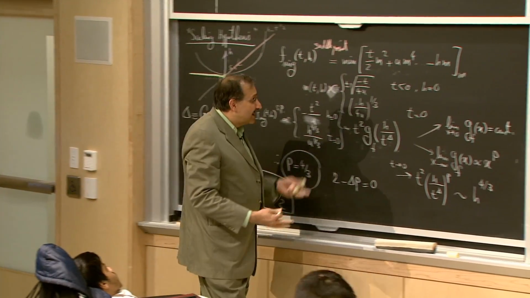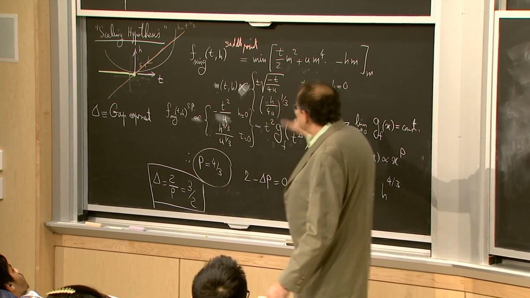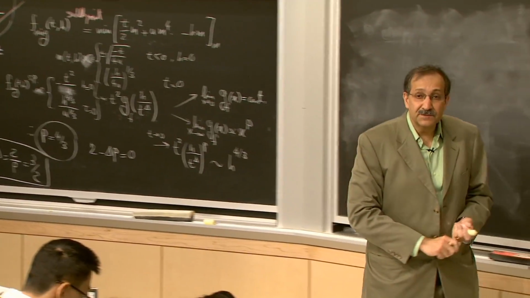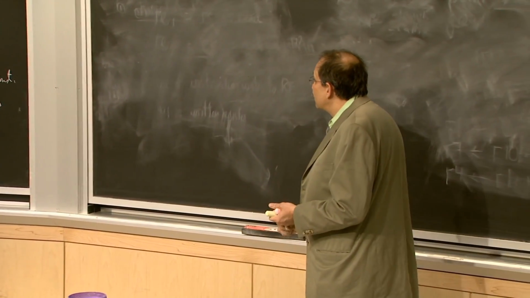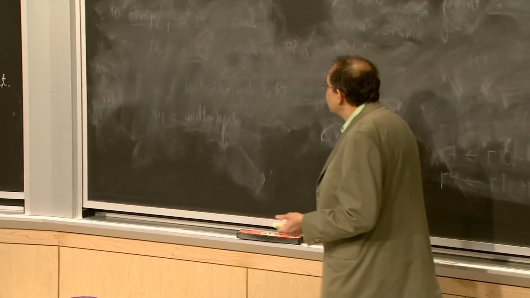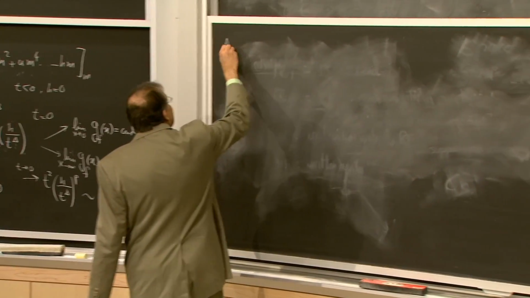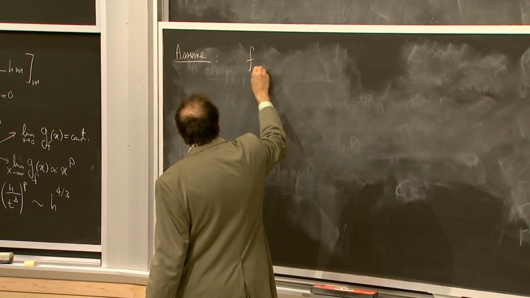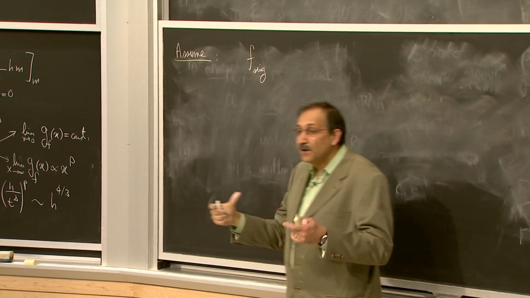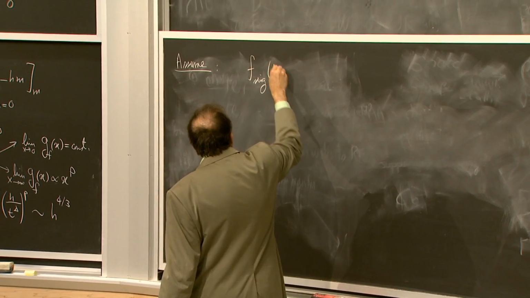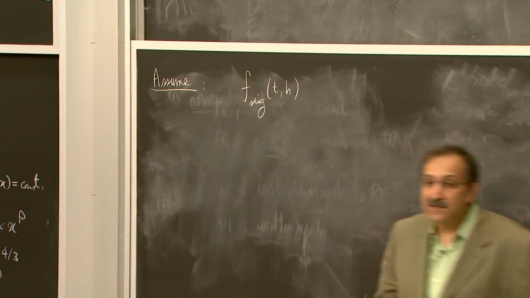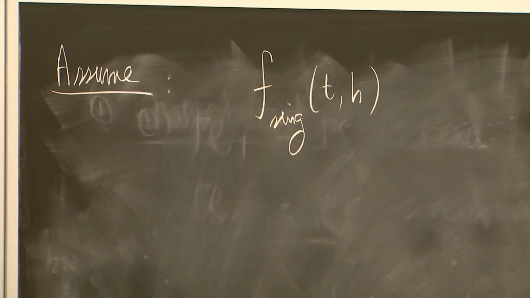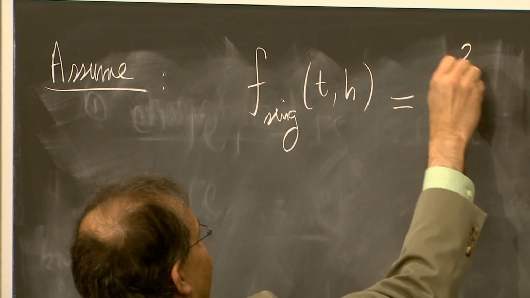But of course, I don't know the other exponents. There is no reason for me to trust the gap exponent that I obtained in this fashion. So what I say is, let's assume that for any critical point, the singular part of the free energy on approaching the critical point, which depends on this pair of coordinates, has a singular behavior that is similar to what we had over here, except that I don't know the exponent.